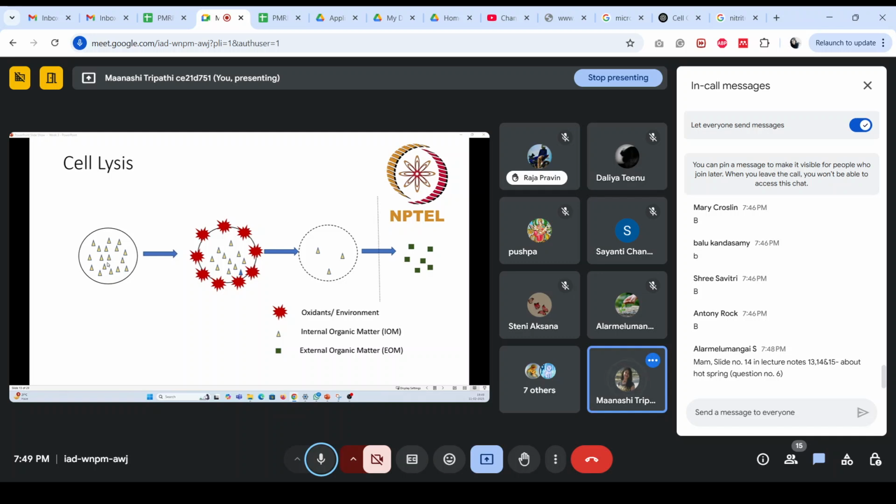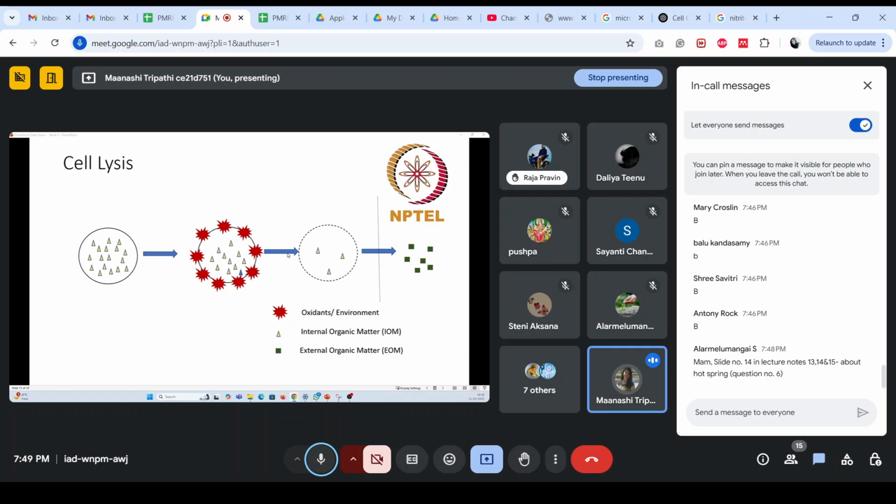So this is an intact cell. What happens when it is attacked by any oxidant or environmental factor? It can be anything that can lead to cell breakage, anything used for killing the bacteria. This represents the environmental factor or oxidants.